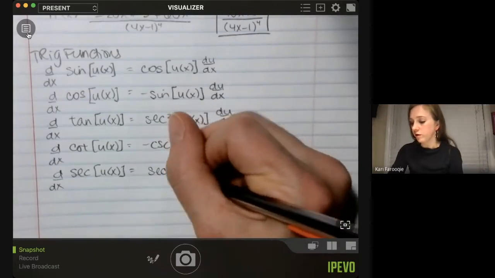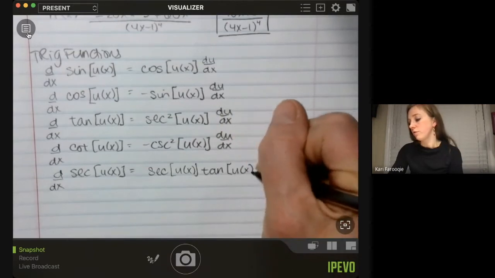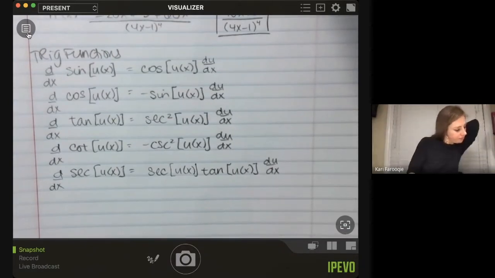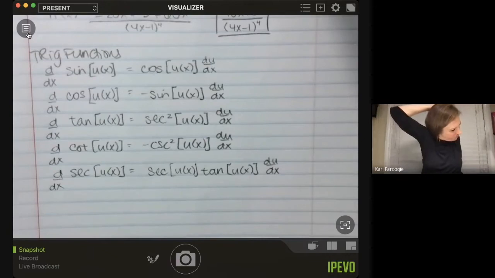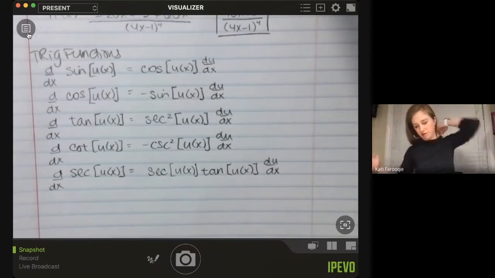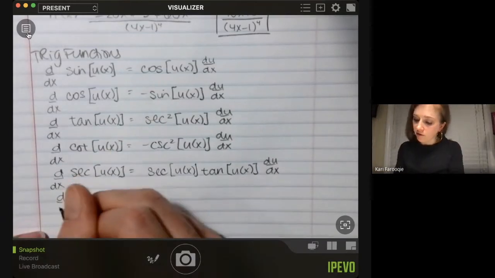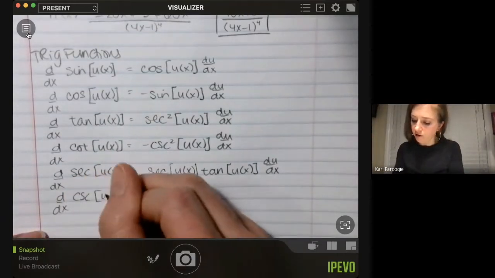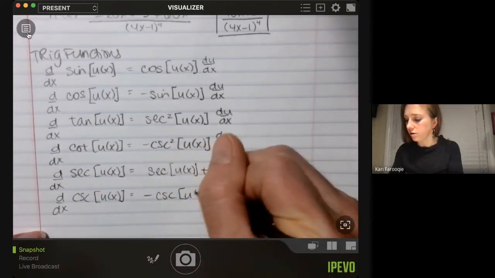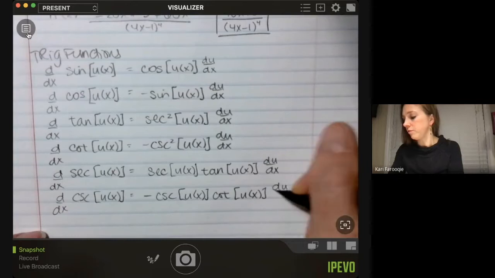So the secant of u of x times the tangent of u of x, and then times the derivative of u with respect to x. Sometimes that one throws people because they don't realize that you're going to apply the function twice. And then for the cosecant of u of x, it's a co function. Its derivative is negative. So you have the negative cosecant u of x cotangent u of x du dx.